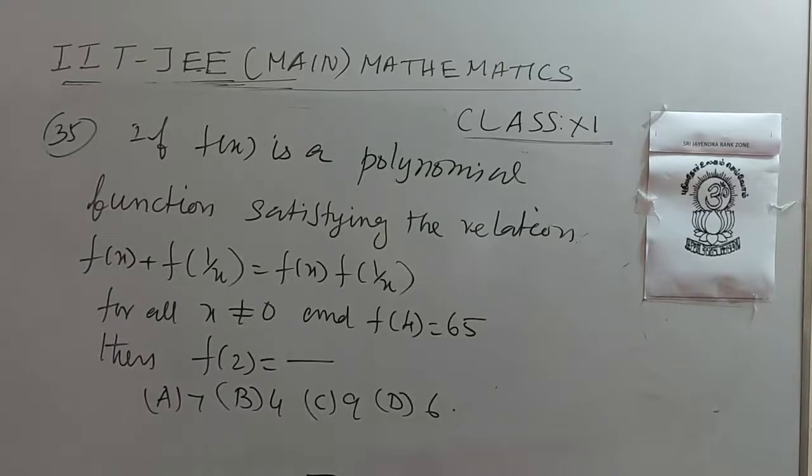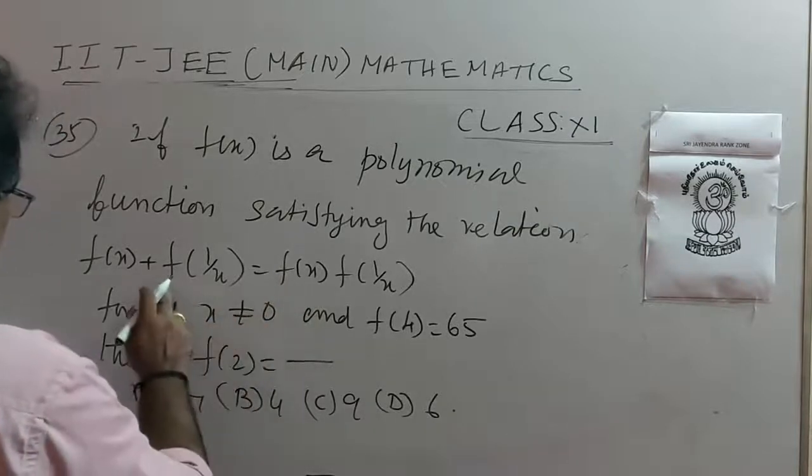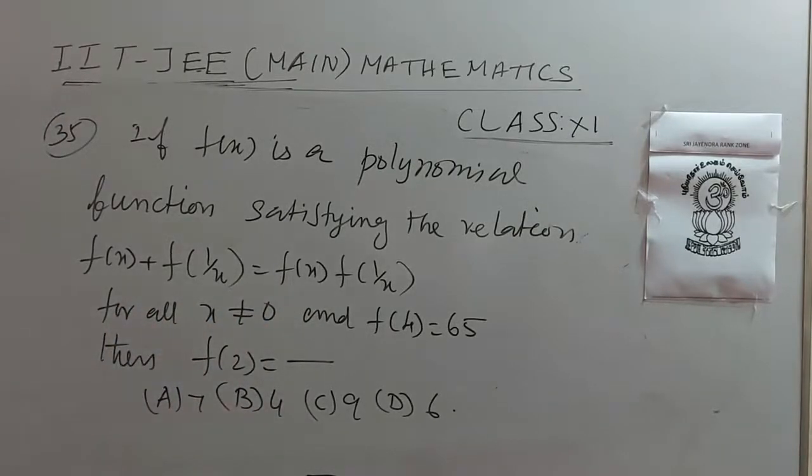If f(x) is a polynomial function satisfying the relation f(x) plus f(1/x) equal to f(x) into f(1/x) for all x not equal to 0, we have to find the value of f(2), provided f(4) equal to 65.